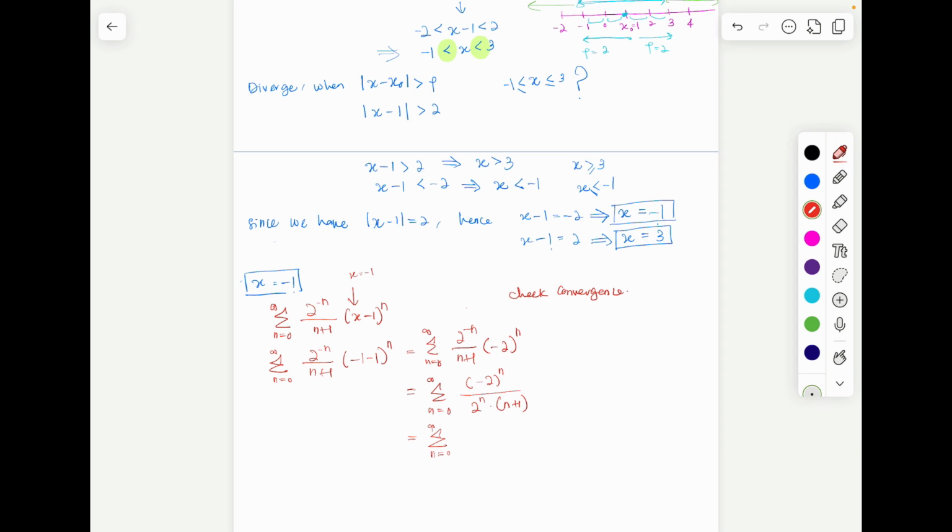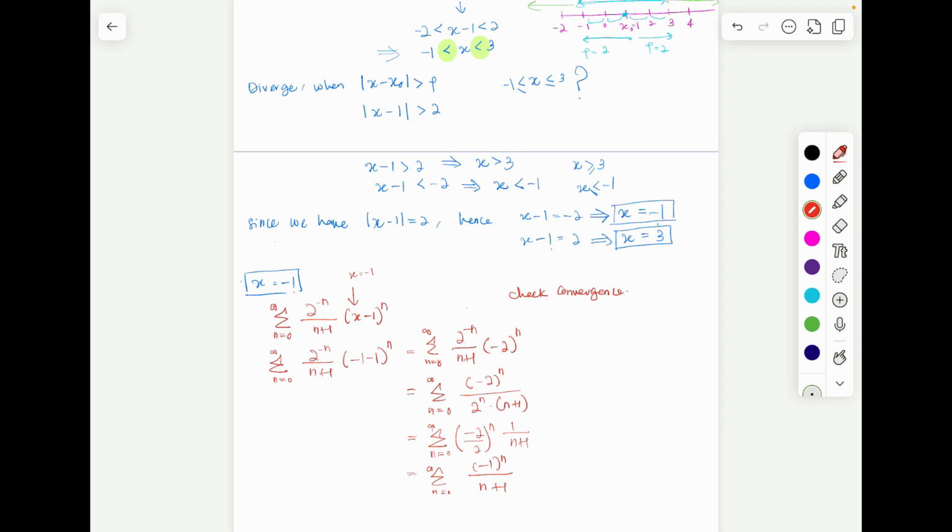This can be negative 2 divided by 2 to the power of n, 1 over n plus 1. So negative 2 divided by 2 is negative 1. So negative 1 to the power of n over n plus 1.